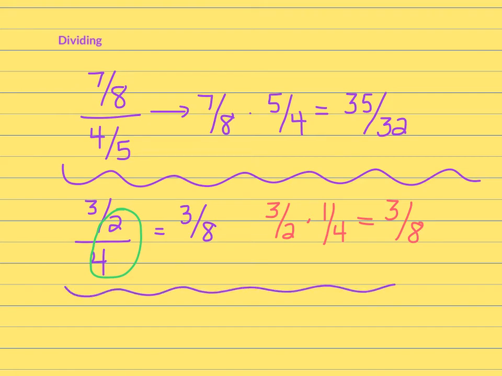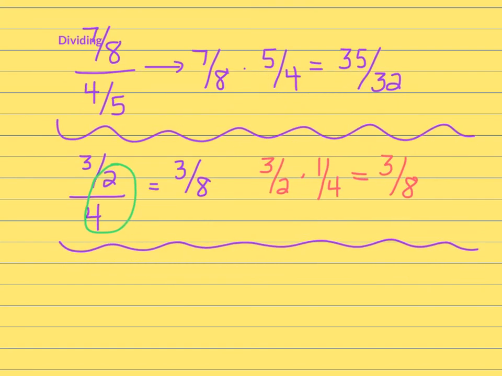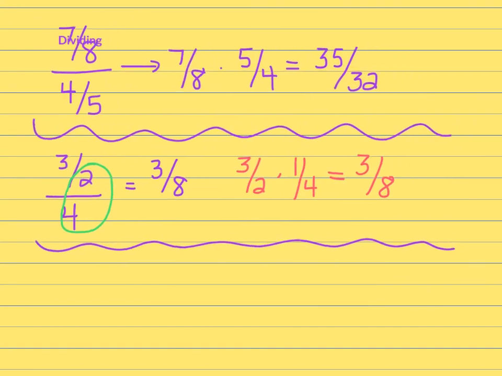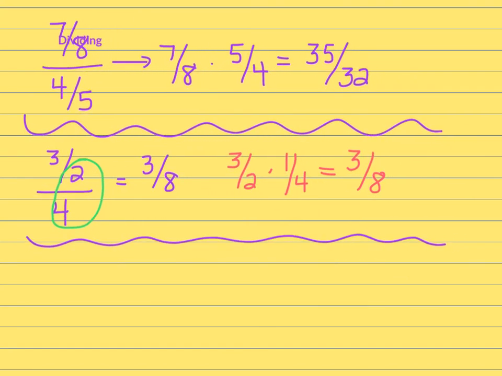All right, so what about if I switch the positions on those two things? Let me see if I can get us some more room here. Slide this up just a little bit. What if I have 4 divided by 3/2? Well, if I again think about it as multiplying by a reciprocal, this is really 4 times 2/3.